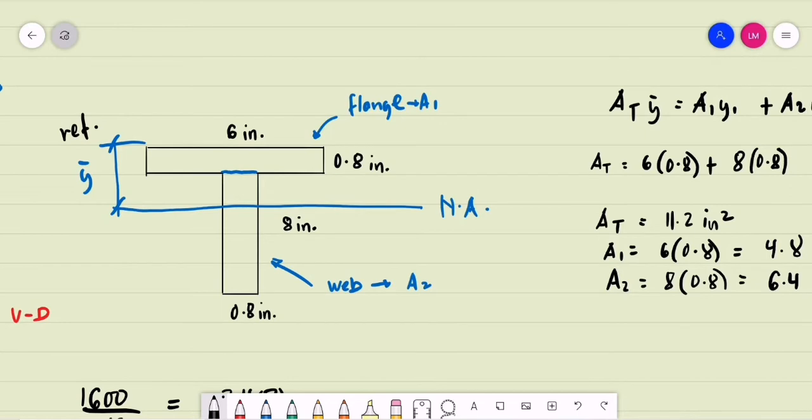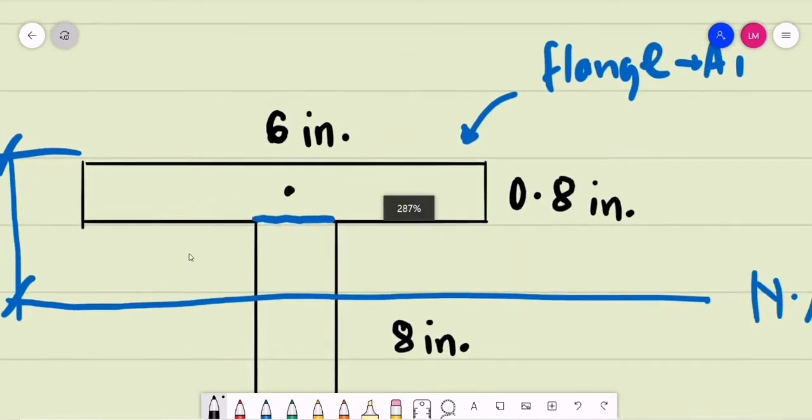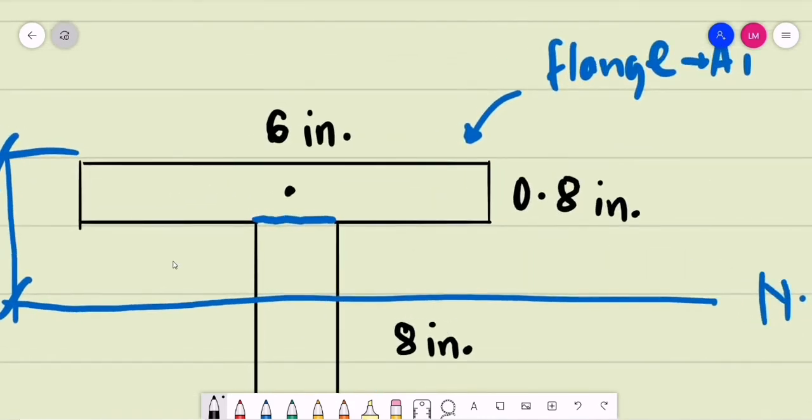And we need the corresponding values of their centroids from our reference point. Let's say this is the location of the centroid of the flange. What is the distance of its centroid towards our reference point?